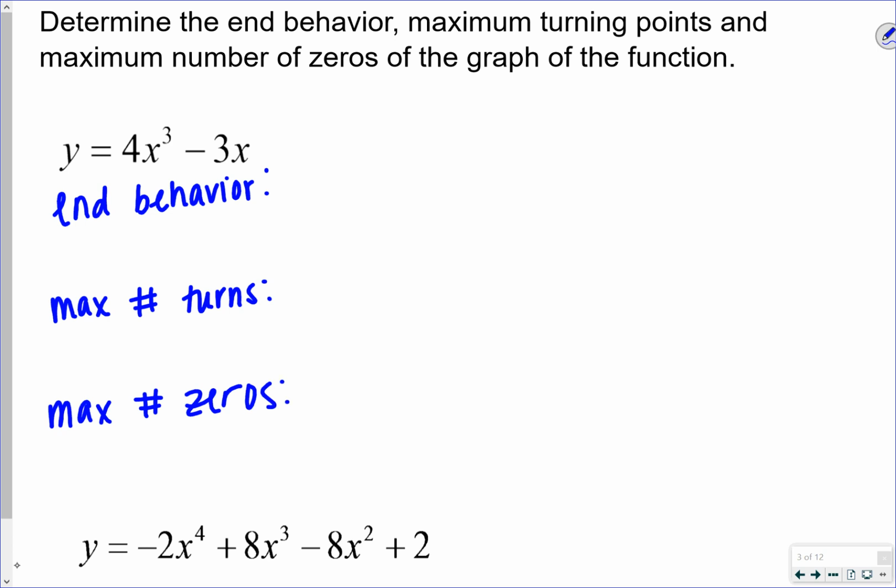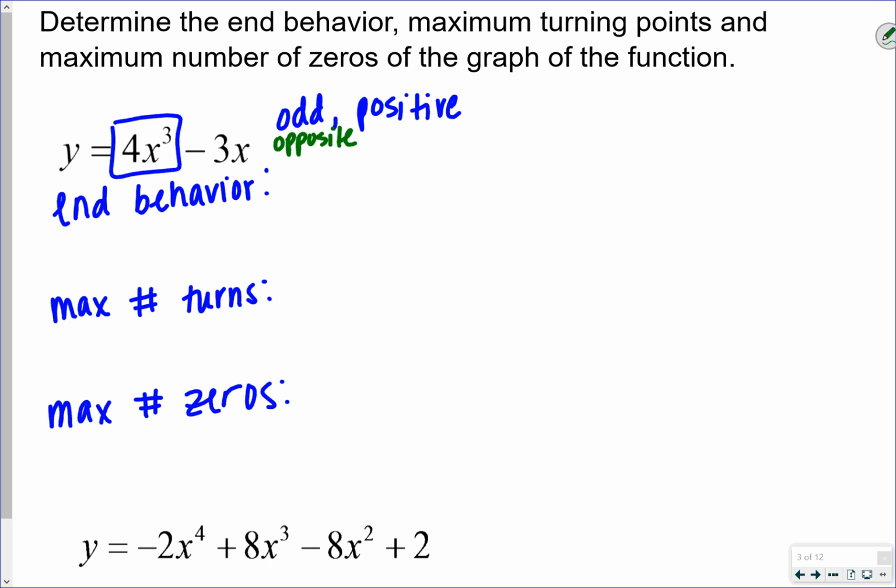So here, this all comes from this leading term. My leading term is odd, and the number in front is positive. So I can tell what my ends are going to be. Odd means they're going to go opposite directions.